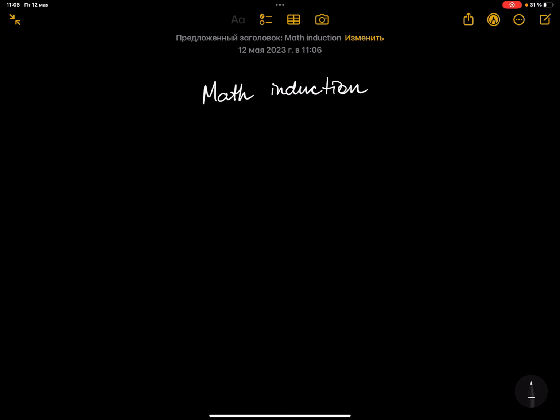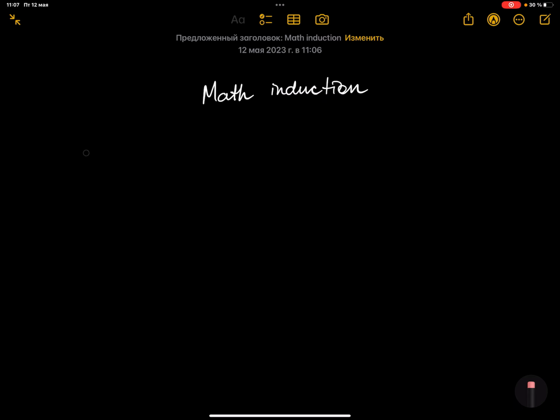Mathematical induction is used to prove some mathematical expression. So, first I'm gonna give a little theory and then you're gonna see an example. In mathematical induction, there are two steps.